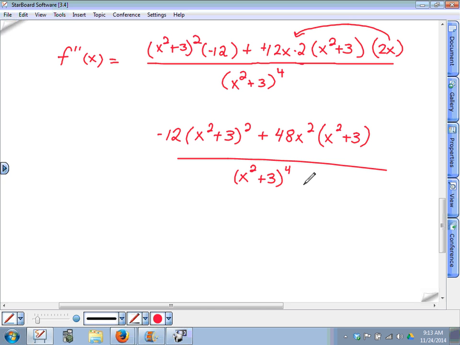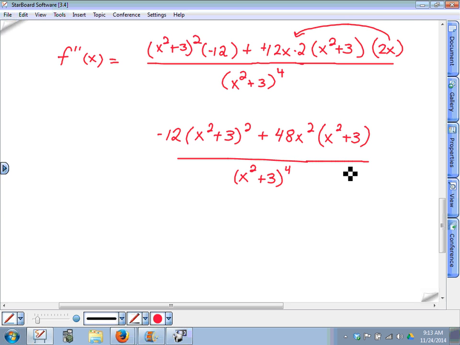If the question had just been find the second derivative, then yeah, we would want to simplify this as far as we can. But all we need to do is find the positive and negative regions of the second derivative. If you continue to simplify this, you may just be doing a little bit of unnecessary work. So don't do more than you really need to.